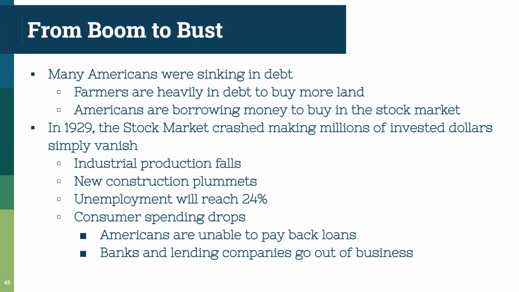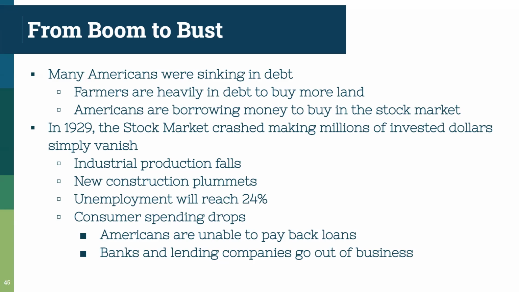Factories fall. Businesses go bankrupt. Businesses have to fire workers, lay off people. Unemployment goes up to 24%. And when people lose money in the stock market, they lose their jobs and they lose their wages. They can't spend any money. And consumer spending is one of the largest ways that helps our economy grow.